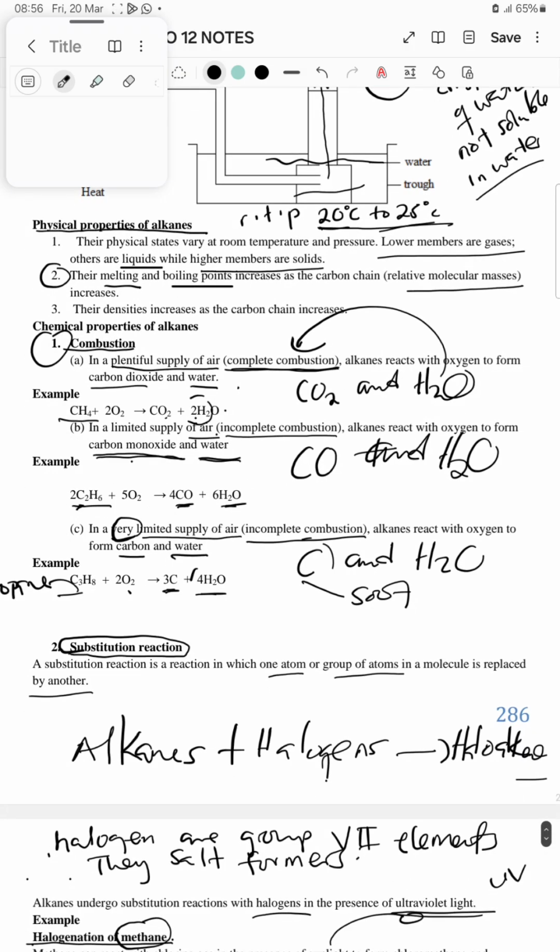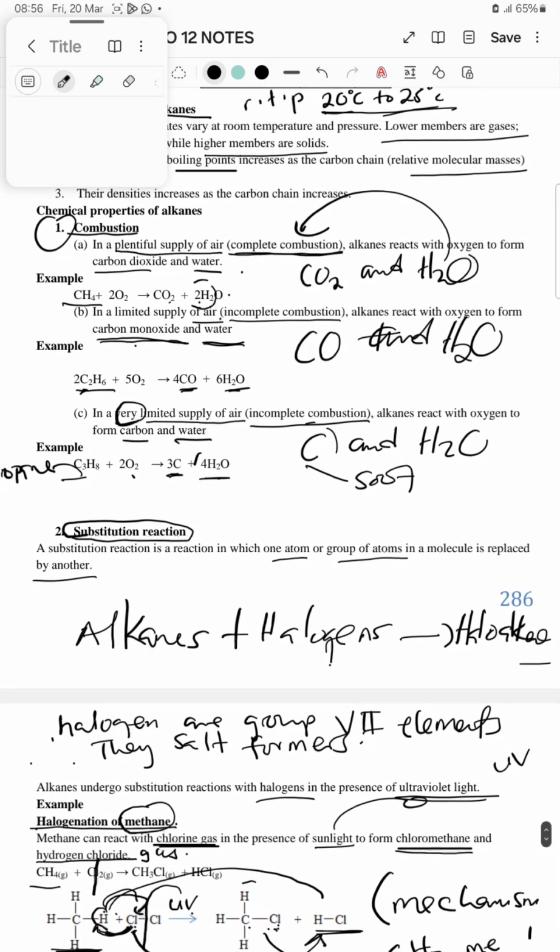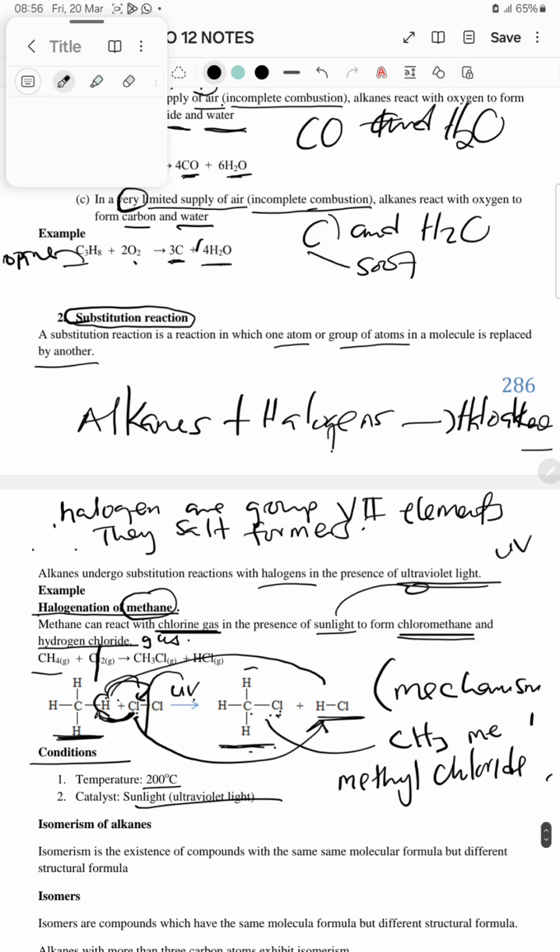Then we also looked at the chemical properties of alkanes. We only have two chemical properties of alkanes, which are combustion and substitution reaction. Okay, so substitution, why? Because these guys, they are saturated. All the carbon atoms are intact, so you just need to substitute one hydrogen for them to react. They are very unreactive, these guys.